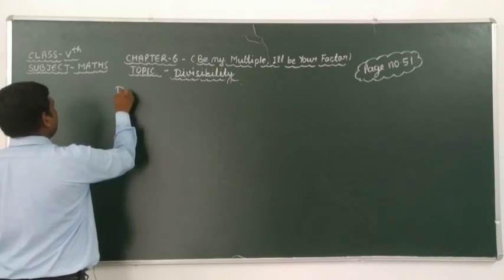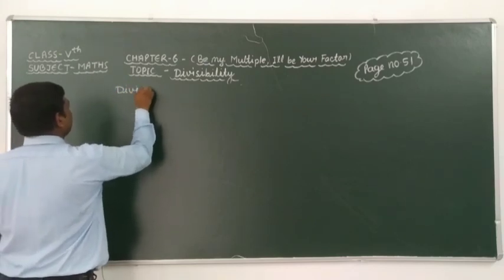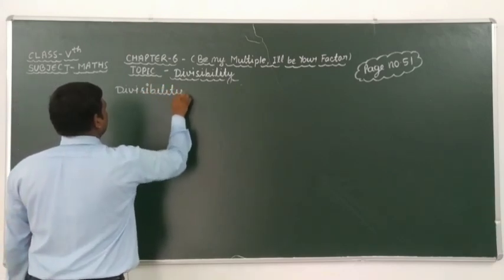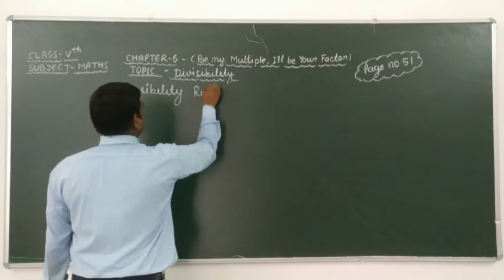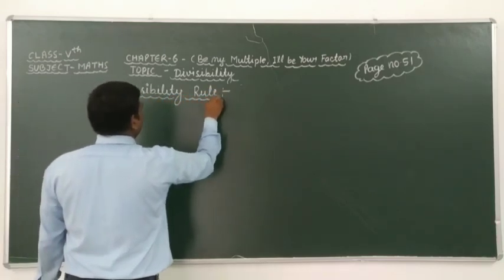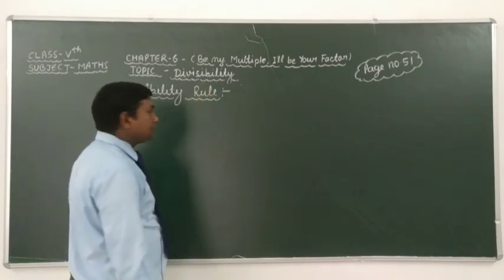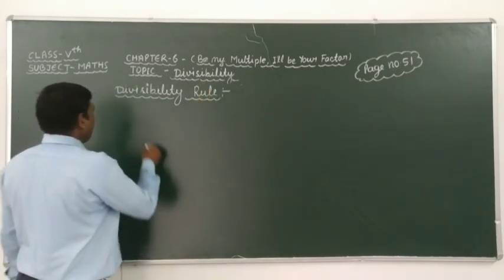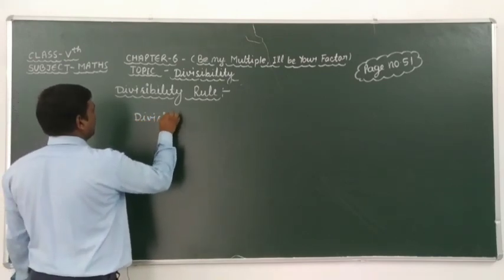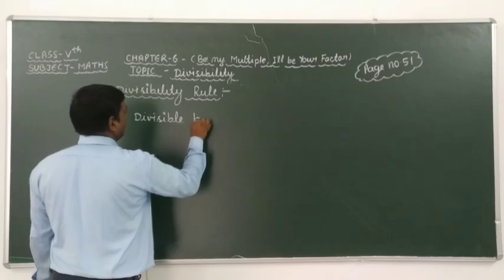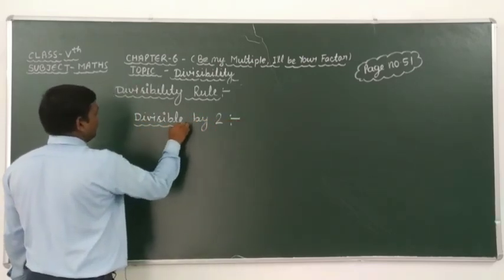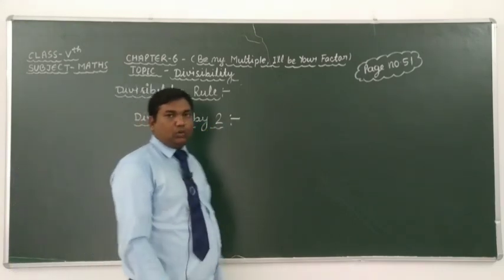What is divisibility rule? Look. Divisibility rule. First rule is divisible by 2.